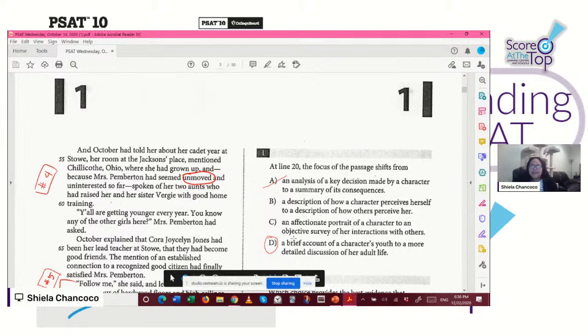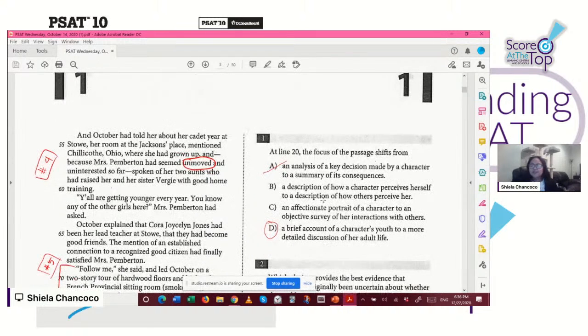And as you can see, I like to eliminate answer choices that make no sense. The first one I eliminated was A, an analysis of a key decision made by a character. Yes, she did make a decision, which was to name herself October, but the part that was wrong for A is the summary of its consequences. So these are things that trap you, right?